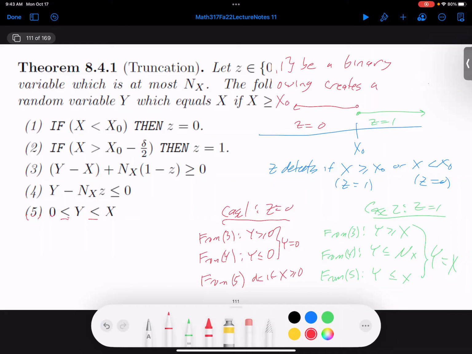So it could be, when you're trying to calculate what's going on, I'm going to have this flight. But if the demand is below a certain amount, then maybe I'm going to just cancel it. Or maybe you have to have a certain number of students in the class, or the class is canceled. So y is either going to be 0 if x is less than x naught, or it equals x.